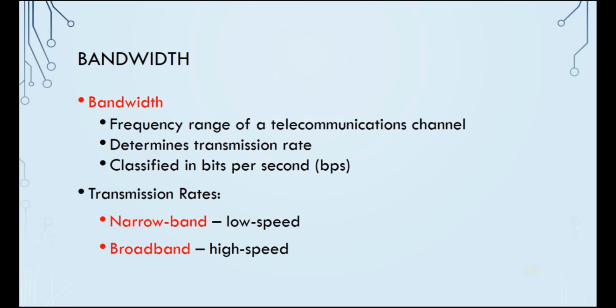So think of a pipe with water in it. The wider the pipe, the more water can flow through it. Meaning the higher the bandwidth, the larger the data that will transmit.